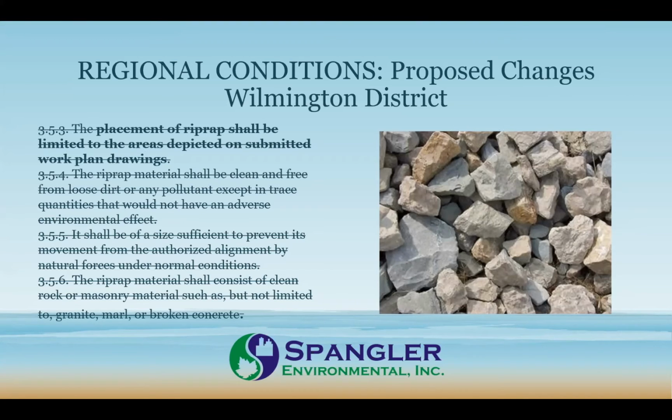But the placement of riprap is apparently no longer limited to the areas depicted in the work plan, whereas it used to be, if you didn't have riprap shown somewhere and you put it down somewhere else, that was a violation. And my read on this now is that if it was already called out as an impact and you're putting riprap in a larger apron or another area, as long as that's depicted already as an impact, then that is not a violation because of the removal of this regional condition.